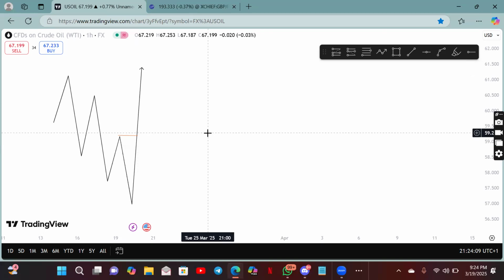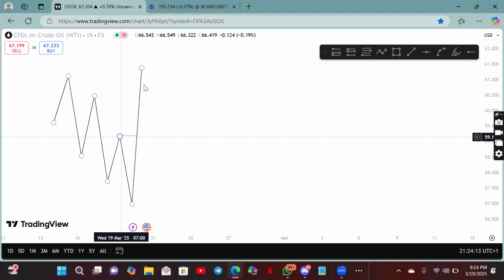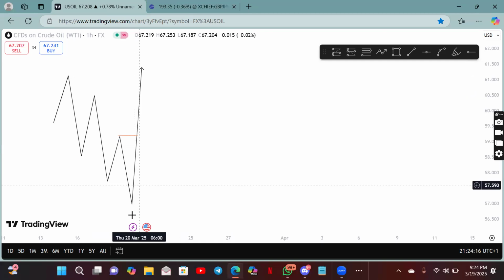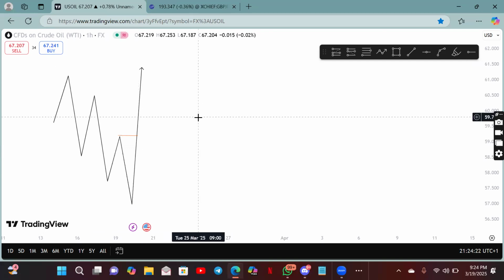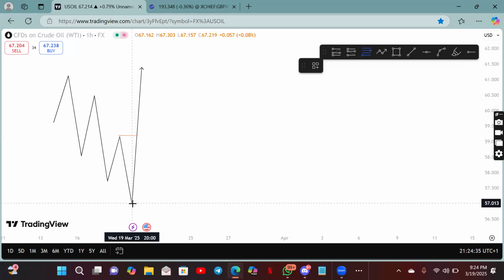All right. So you see a move like this, right? Then this one breaks this particular move and it goes up. Then what you start looking for is a buy. So when do you know it's time for you to buy? This my Fibonacci is actually different.